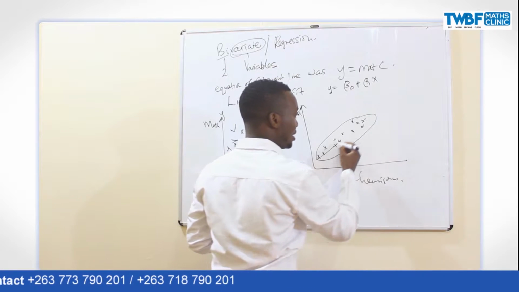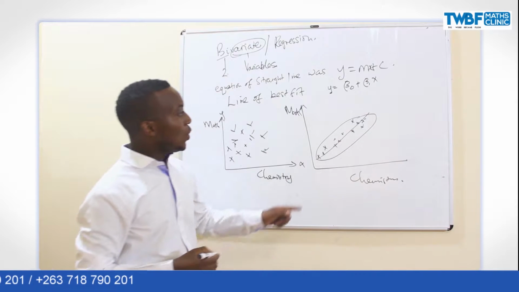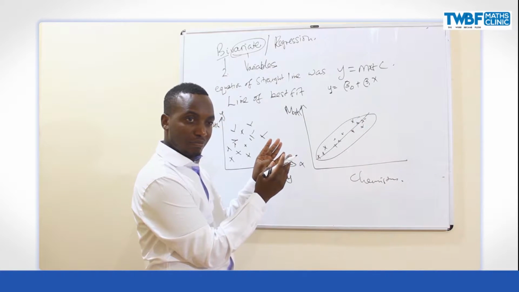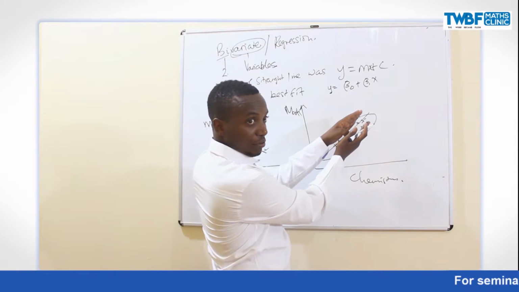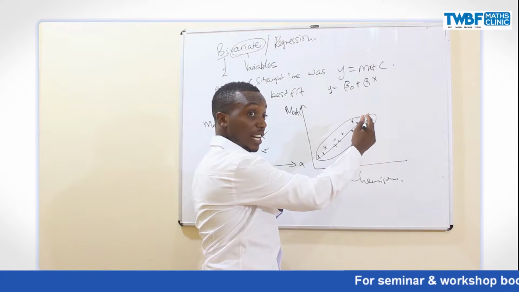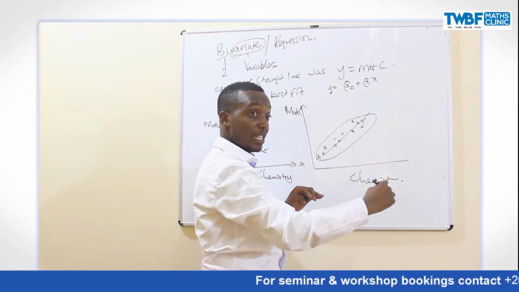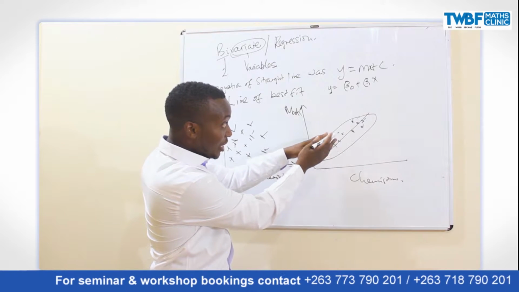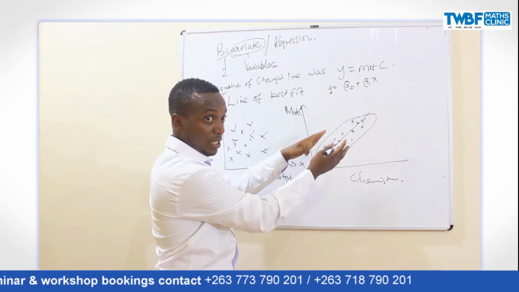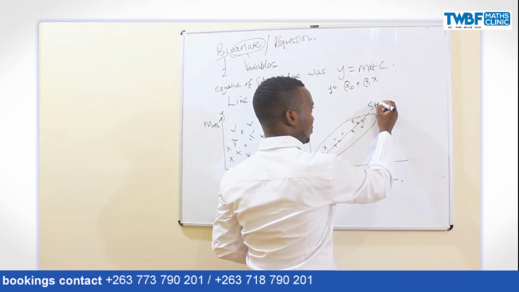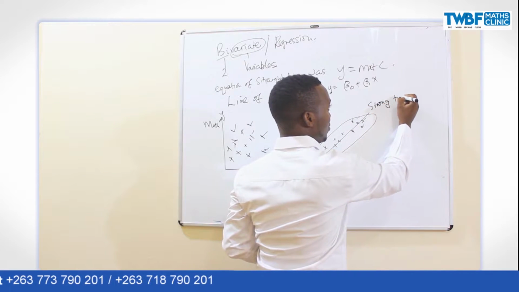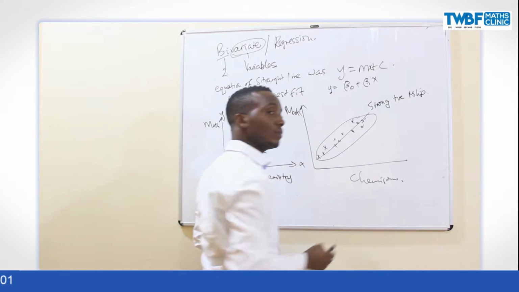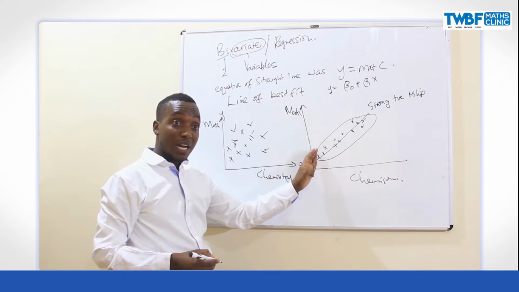So this is a trend, and we put a line to describe that relationship. If the line is positive, like this, the gradient for such a line is positive, and the one that goes the other way is negative. If the gradient is positive and the line is almost sharing those points equally, there is a strong positive relationship between these two that we are analyzing.